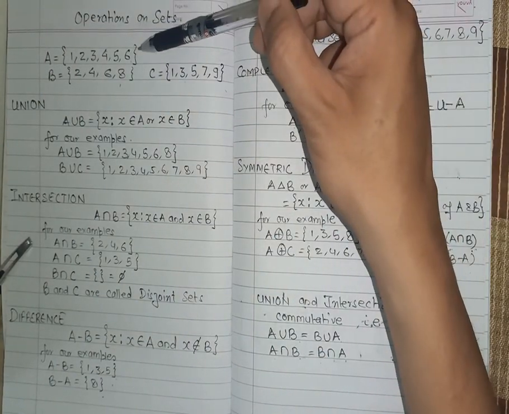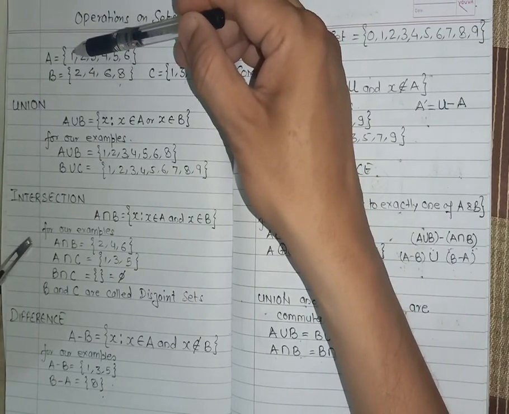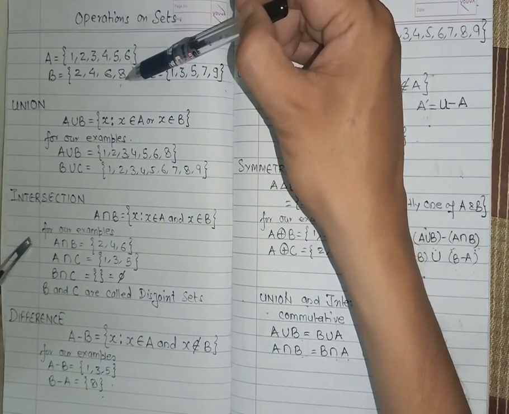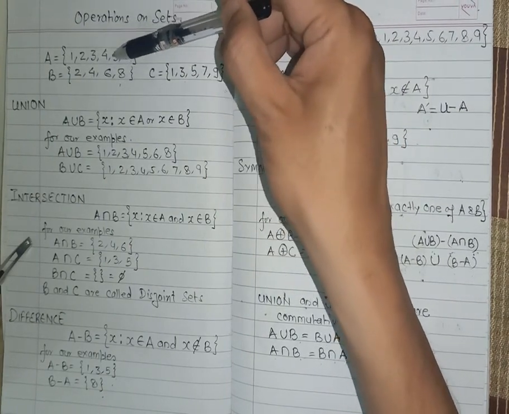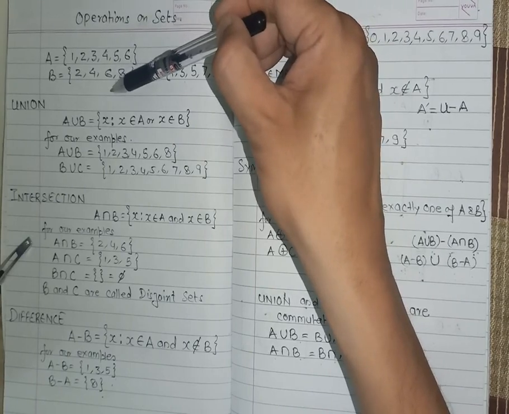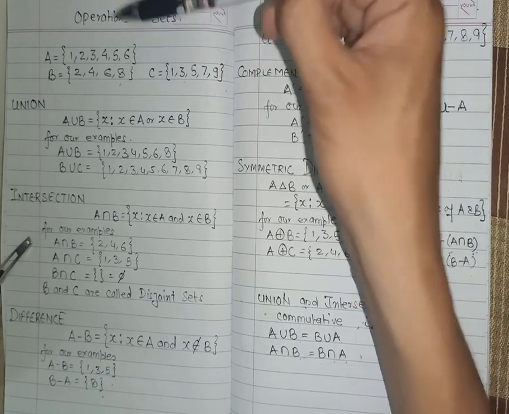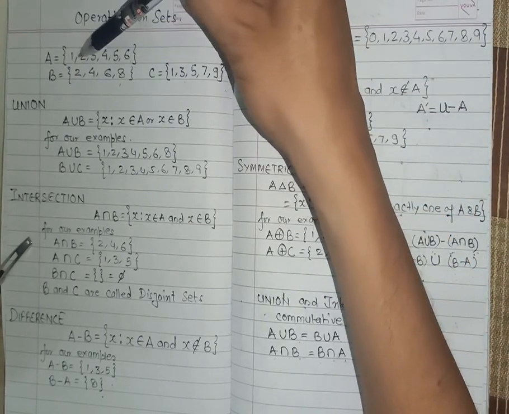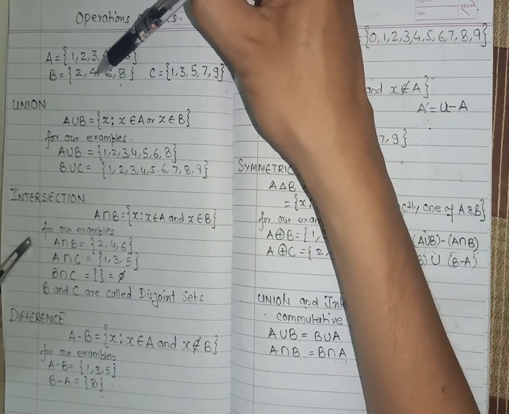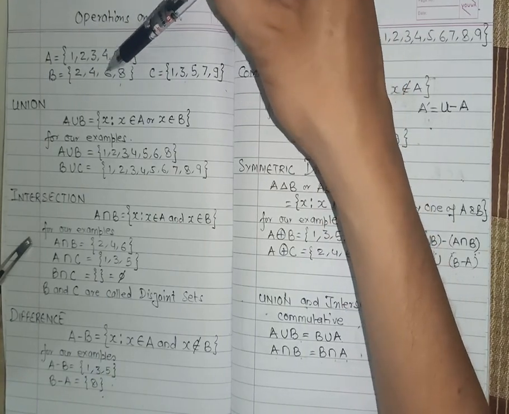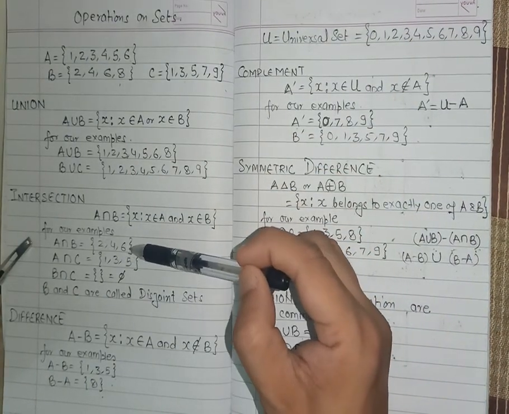If we see here, the element 1 is present only in set A. Similarly, the element 6 is present in both sets. The elements 3 and 5 are only present in set A and not in B. So if I take the intersection of A and B, the elements which will come are 2, because it is present in both the sets, 4 because it is present in both the sets, and 6 because it is present in both the sets. So A intersection B will be 2, 4, 6.